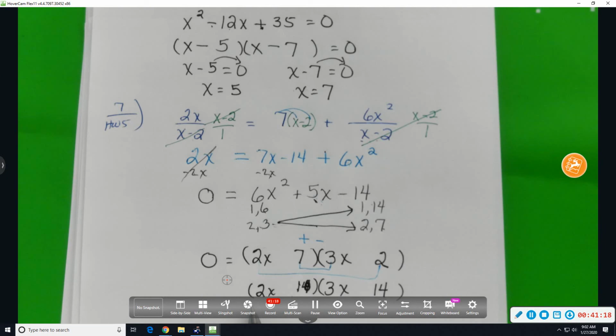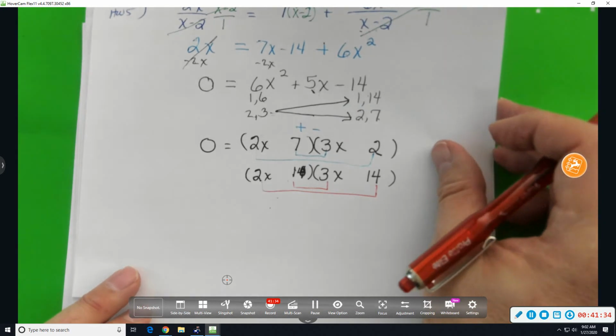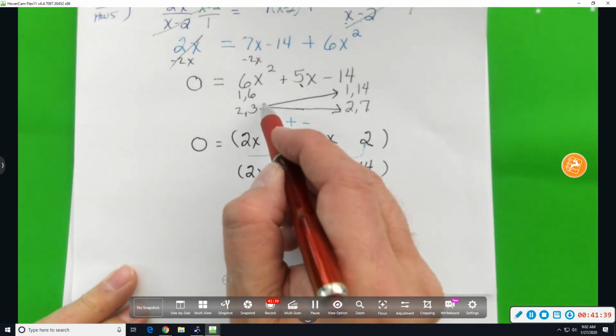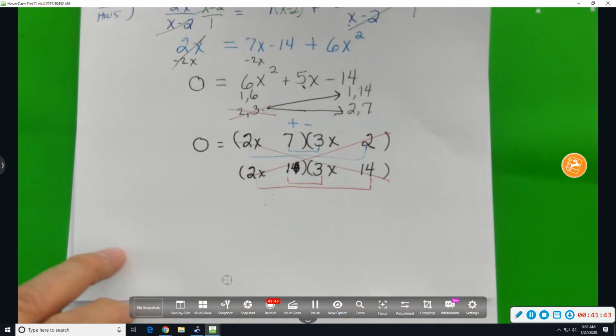Well, I can't have 2 even numbers. But after all of that, I don't think this one's going to work either. I would have 3x and a 28x. So, at this point, I can conclude that the 2 and 3 is not working.